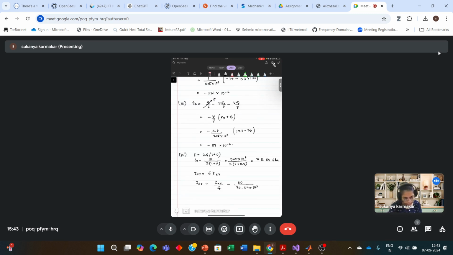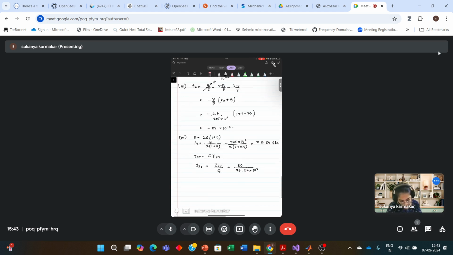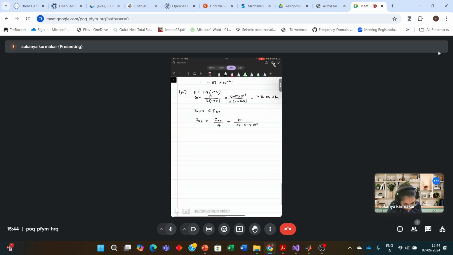So you'll be using epsilon x, epsilon y, and gamma xy to calculate the principal strains. So epsilon 1 and epsilon 2, the major principal strain and minor principal strain, will be (epsilon x plus epsilon y) by 2 plus minus the square root of ((epsilon x minus epsilon y) by 2) whole square plus (gamma xy by 2) whole square.